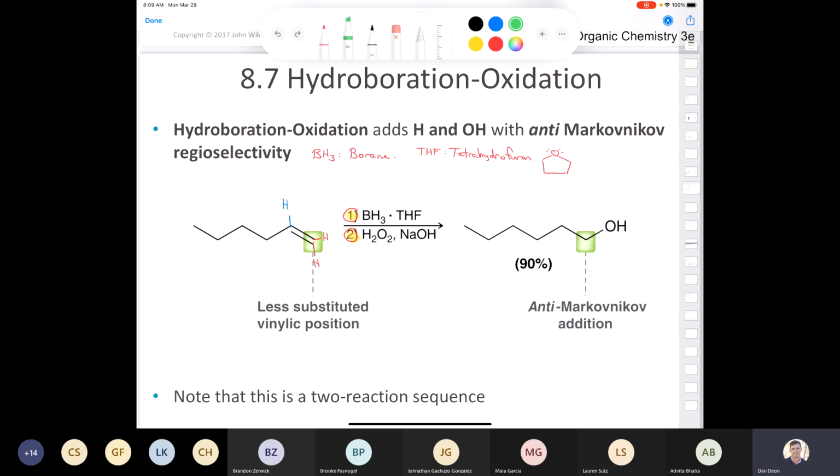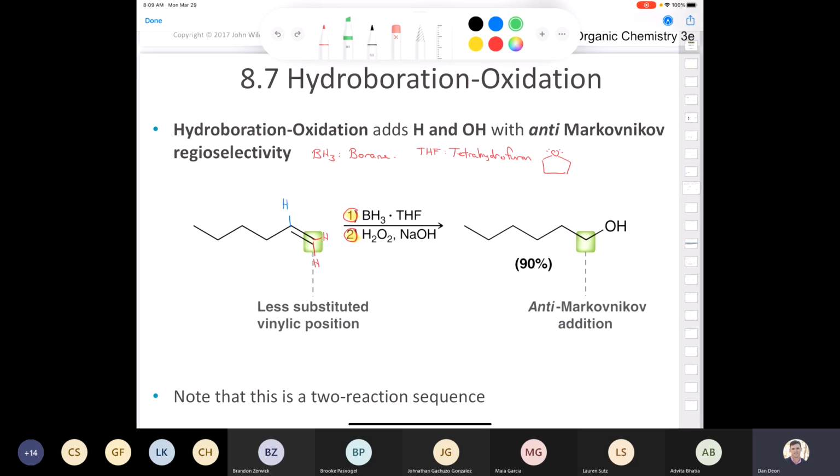Our textbook covers both of these steps, the whole mechanism in dirty detail. I'm probably not going to ask you the mechanism of hydroboration oxidation, but it's a good idea to understand it so that you understand why we get anti-Markovnikov addition of water across the double bond.